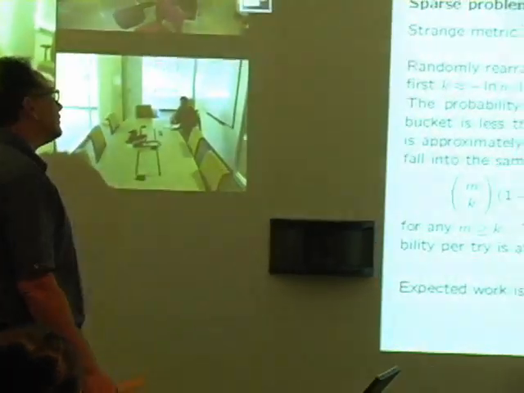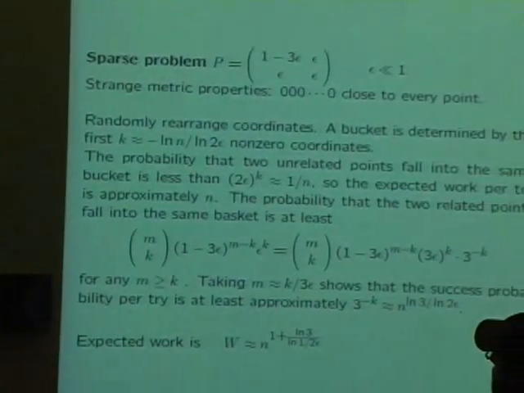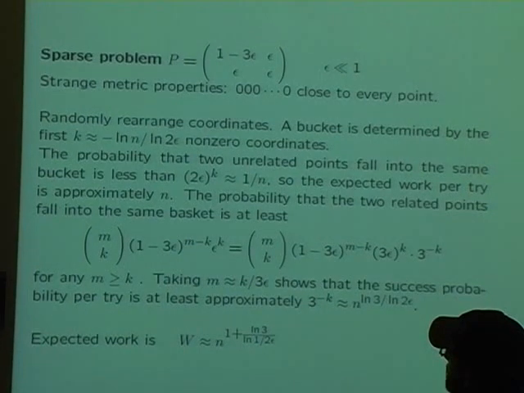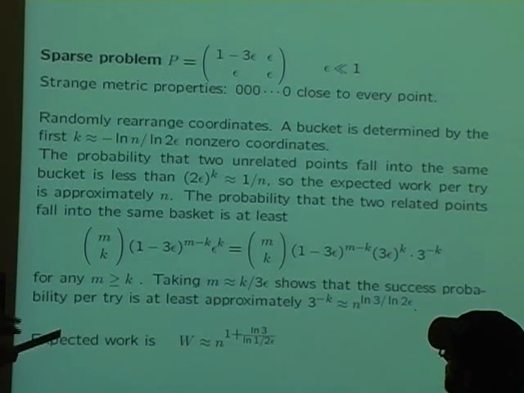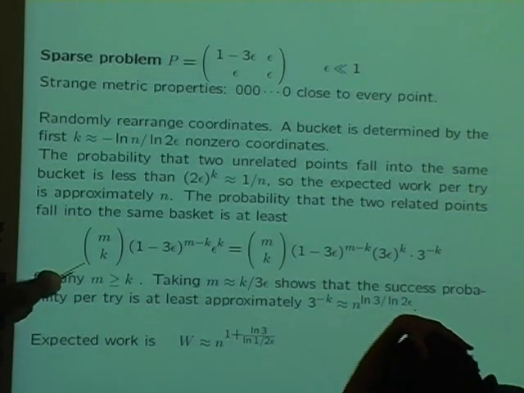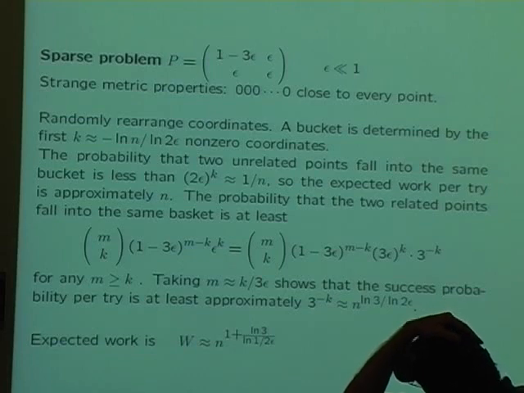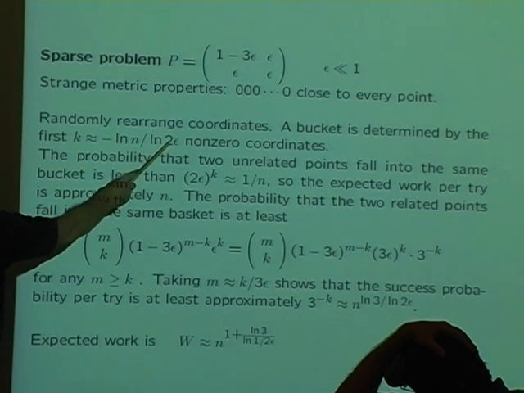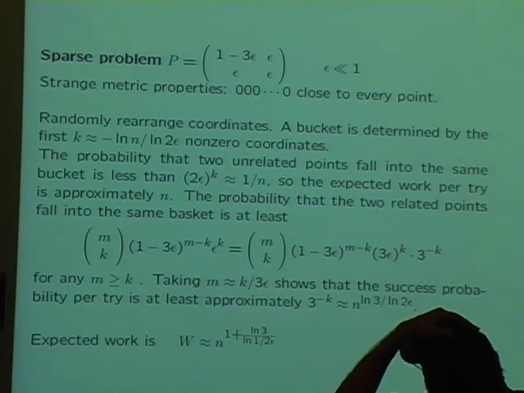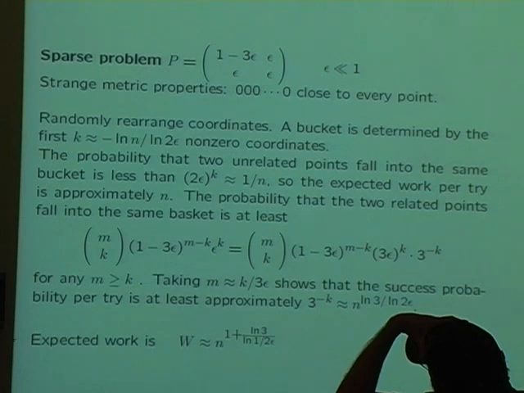Now, let's see how it performs. This is actually an upper bound. I'm not trying to compute exactly how it performs, but showing that it does at least this well. So the number of coordinates that we take is log n divided by log 2 epsilon. Why is that? Because what's the probability that 2 unrelated points fall into the same bucket?